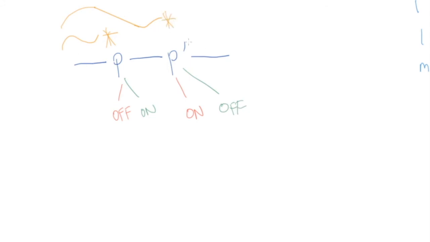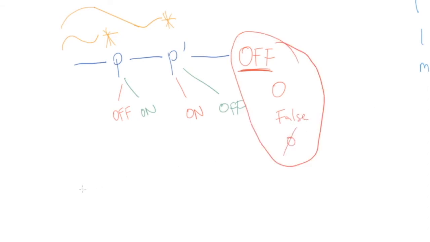So regardless, this circuit here, where we've conjoined P and P prime, is always going to be off. The current will never be able to flow through this circuit. So again, P and not P always leads to off, 0, false, or the empty set.